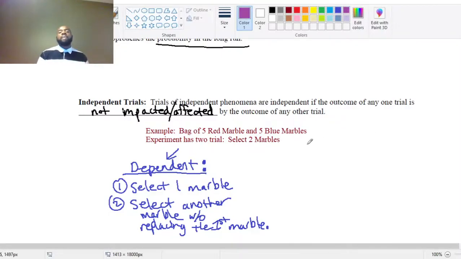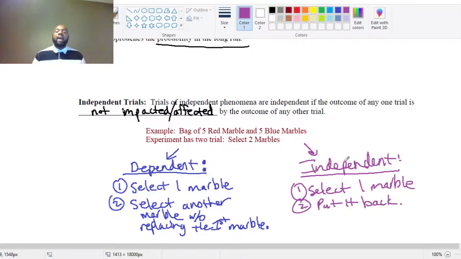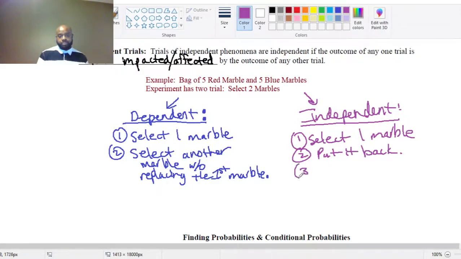For trials to be independent, what I'll have to do is first select one marble, and then put it back in the bag. And then I'll select the second marble.